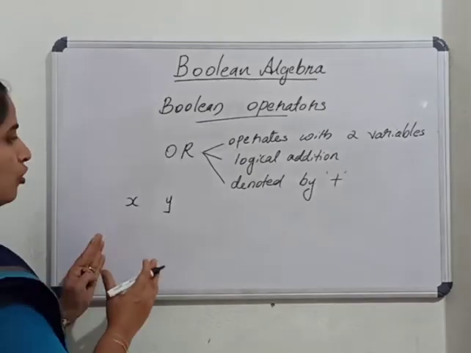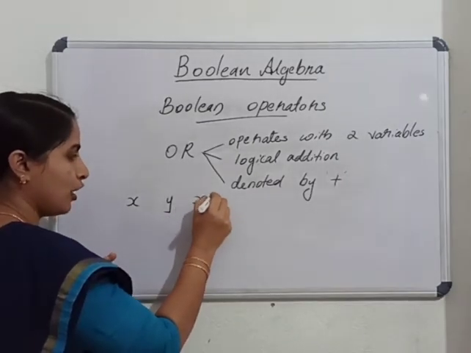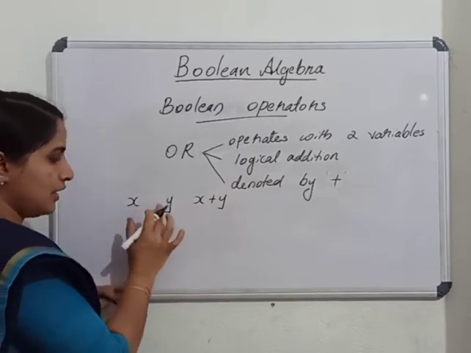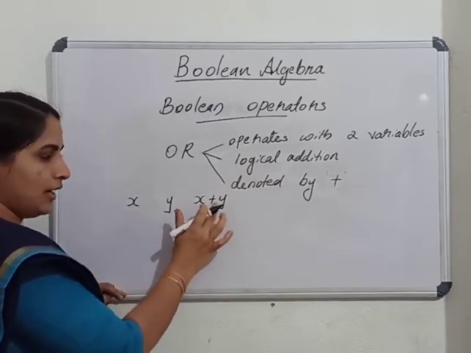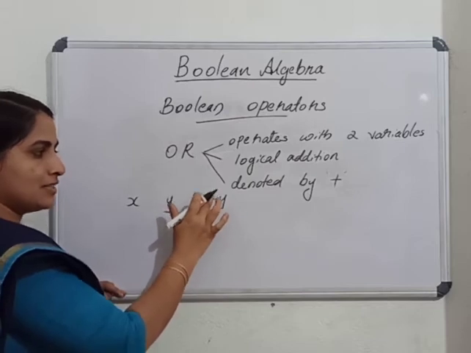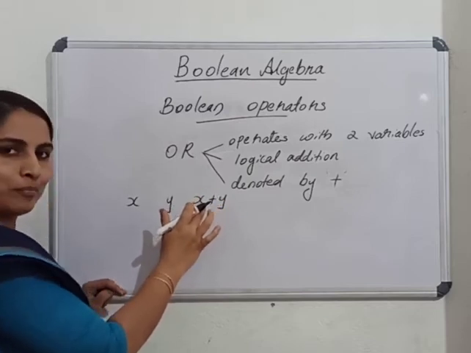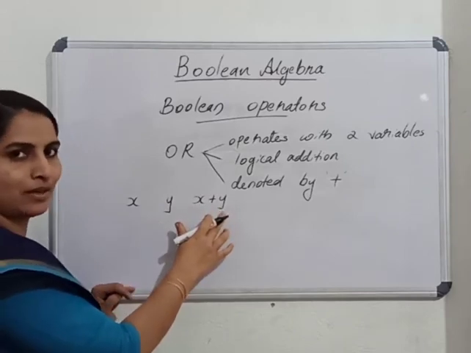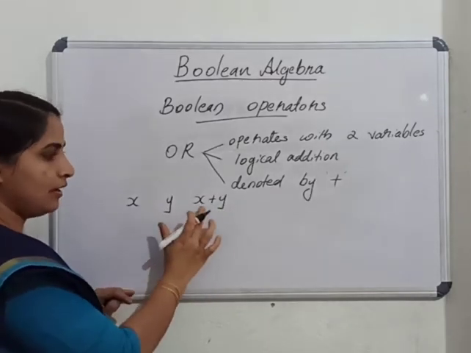For the output I am giving a single column. For output you always have only a single column. So x and y are the inputs, and we are reading this as OR, not plus. So this is x or y, not x plus y.